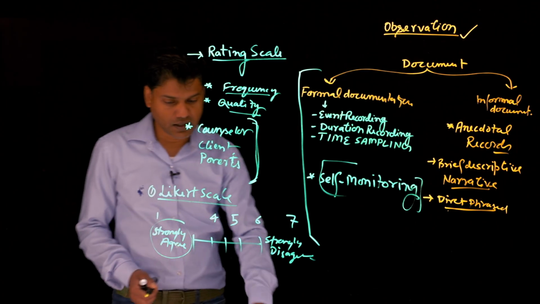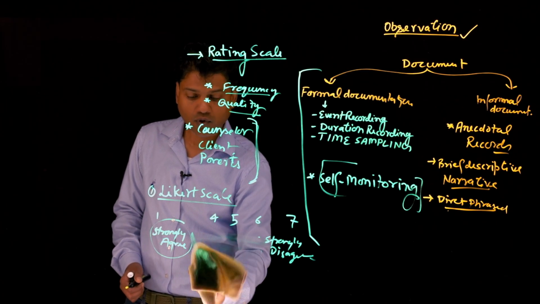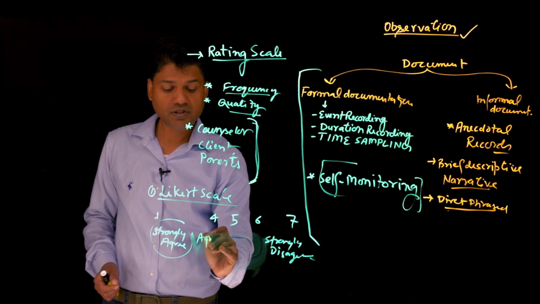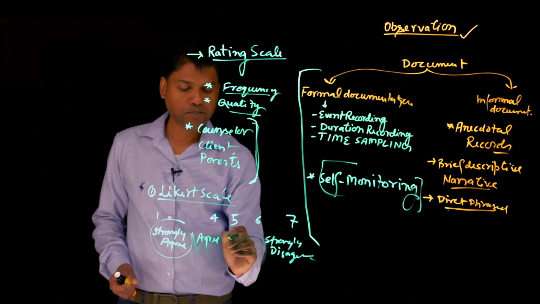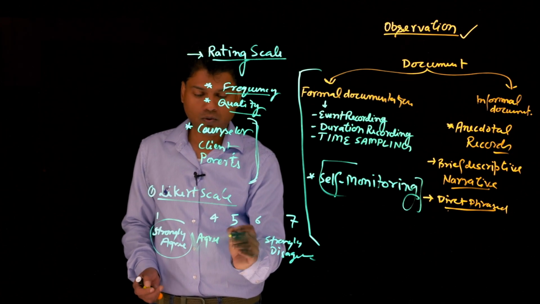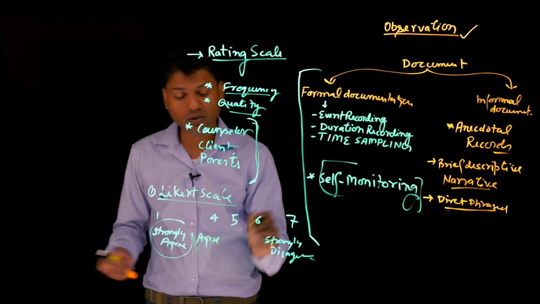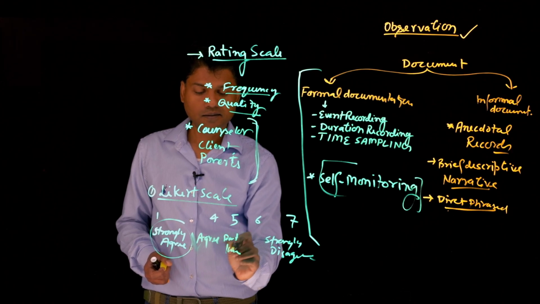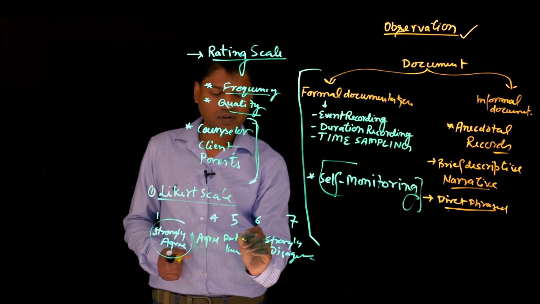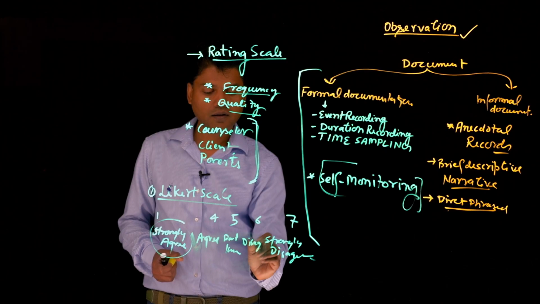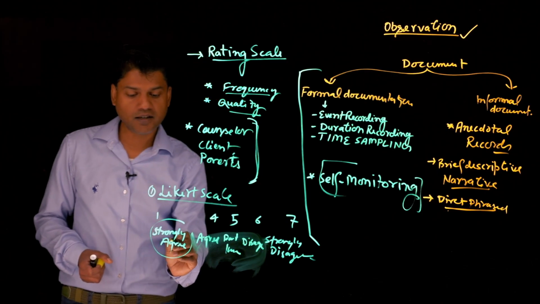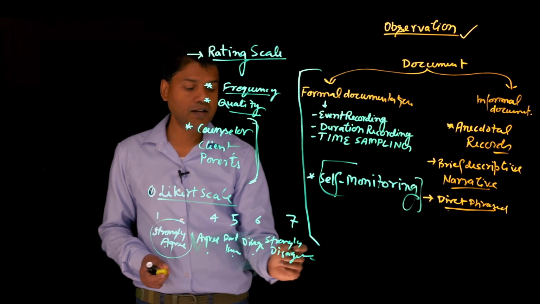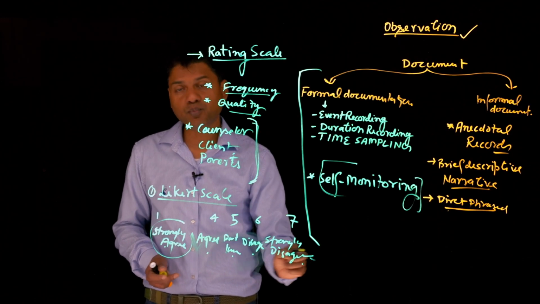They are basically written in words. So you have strongly agree, the second response is agree, don't know, or neither agree nor disagree, and then you have disagree. So you have this 5-point Likert scale: strongly agree, agree, don't know, disagree, and strongly disagree. So you see these are 5-point Likert scales.